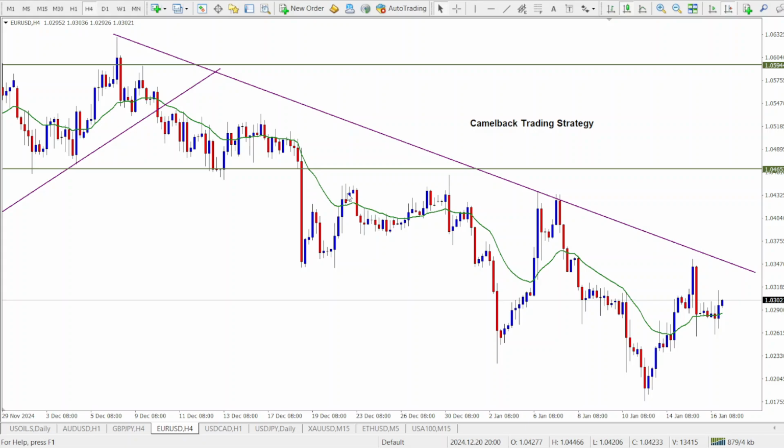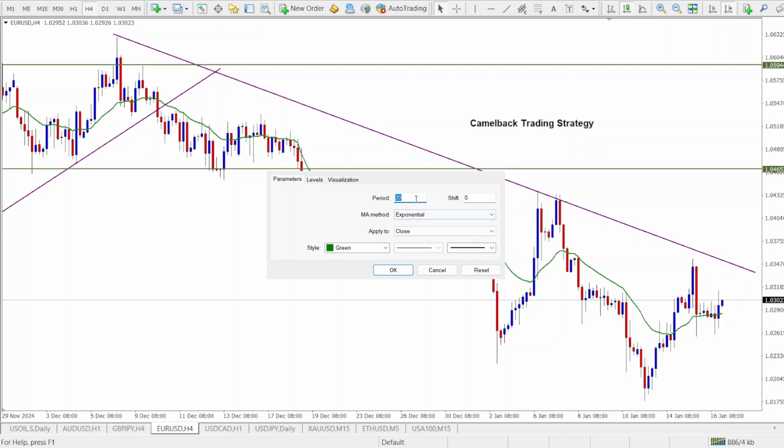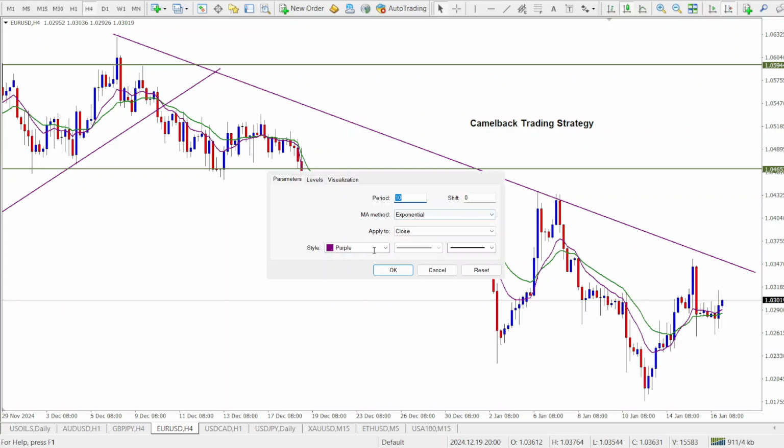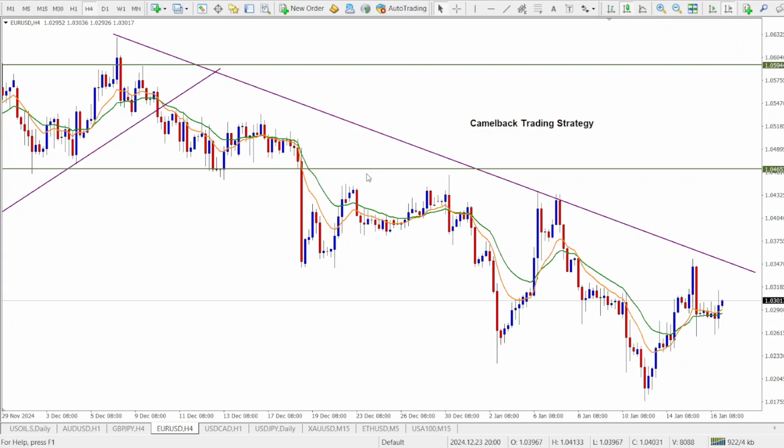Let me add the 10 period moving average to the chart. I'm going to change this period to 10 and change the color for easy identification. So we have the green as the 20 EMA, and the orange as the 10 EMA.